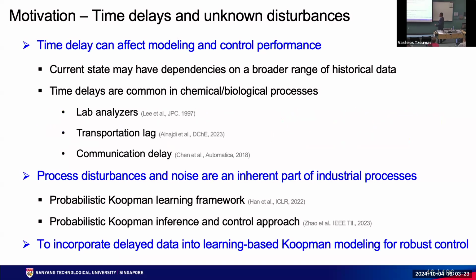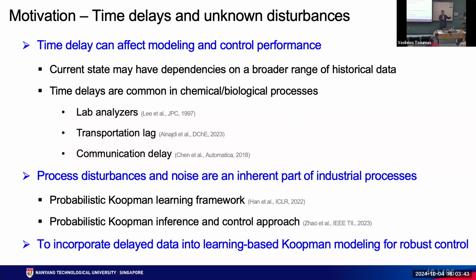First, we consider a time delay system because time delay systems are also common in chemical processes. When we take a sample and send it back to the lab, once we get the measurement, it takes at least half an hour. This is a time delay. This is also a transportation lag.